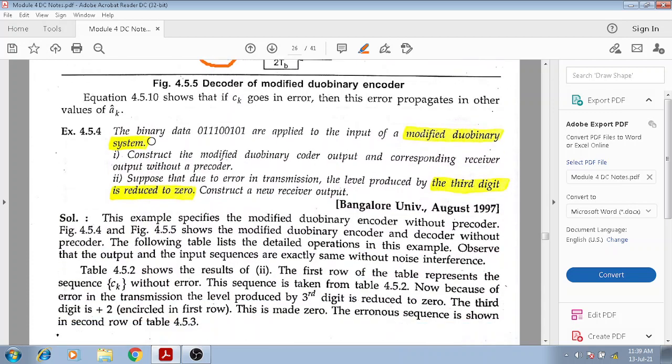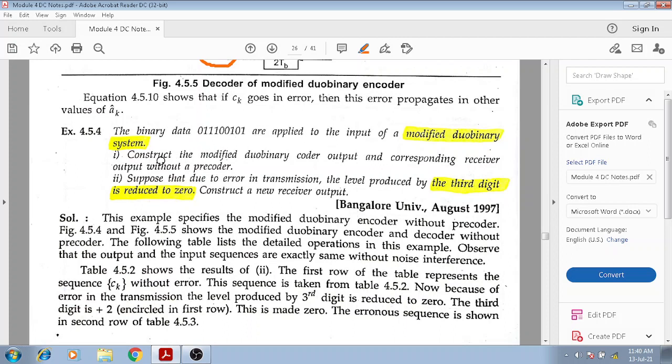So I will read out the problem statement. The binary data sequence is given 0 111 00 101 and is applied to the input of a modified duobinary system. So there is a modified duobinary system, to that a binary data sequence is applied.